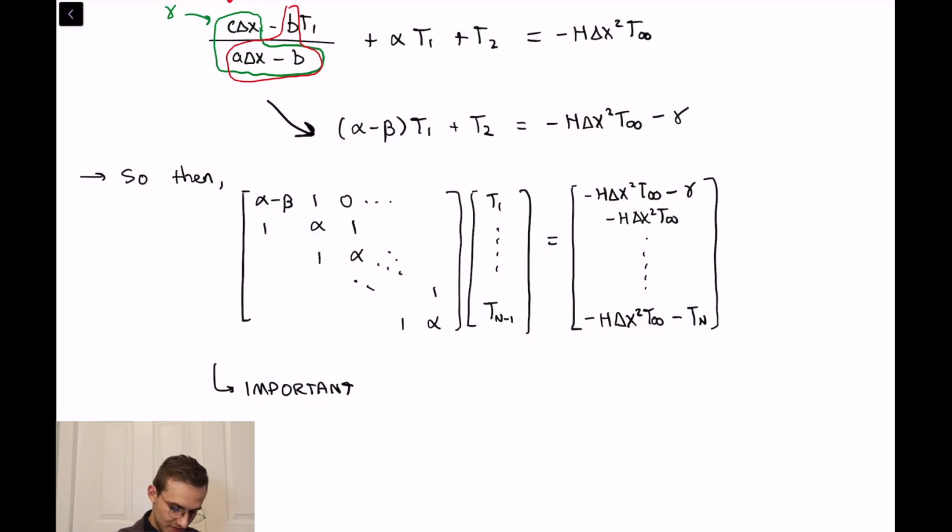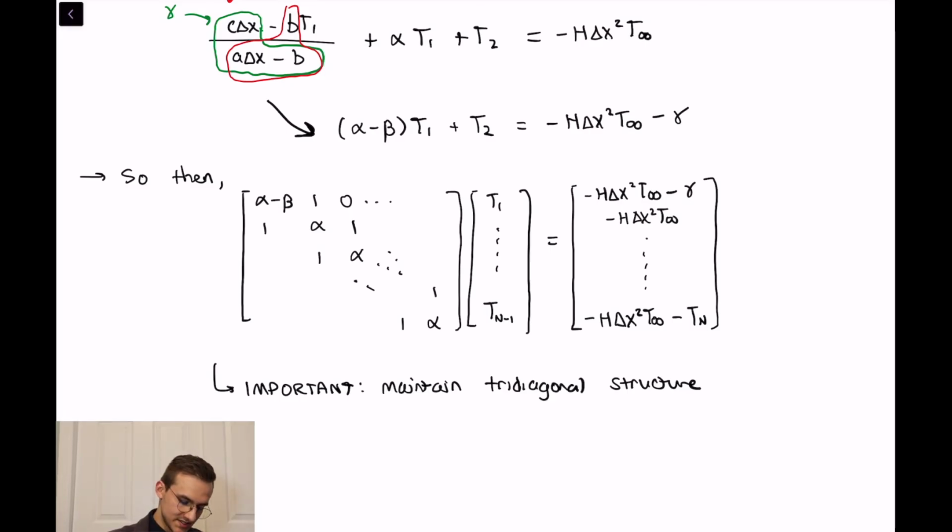So the important point here is that we maintained our tridiagonal structure. And that's important, like I said before, because that structure of matrix leads to a very efficient matrix solve. We have nice algorithms for that.